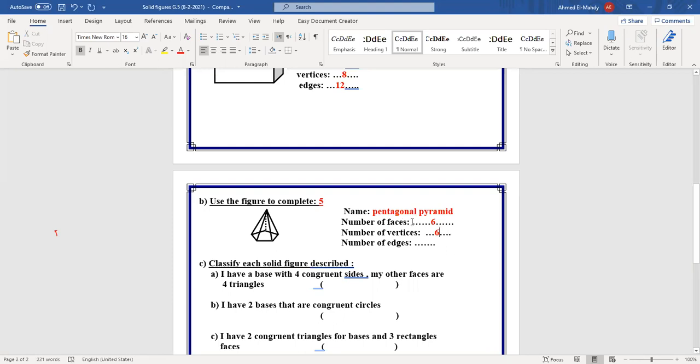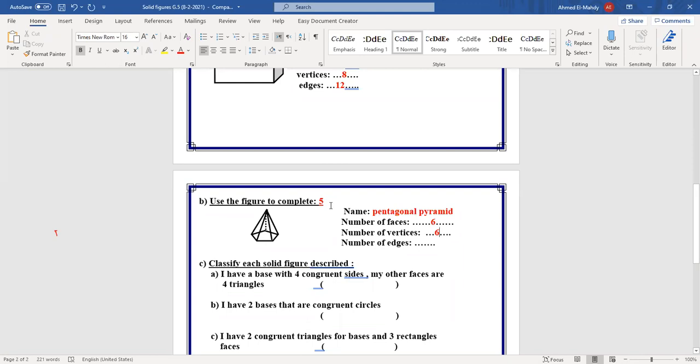To find the number of faces, add the number of base sides plus 1. To find the number of vertices, also add the number of base sides plus 1. To find the number of edges, multiply by 2.